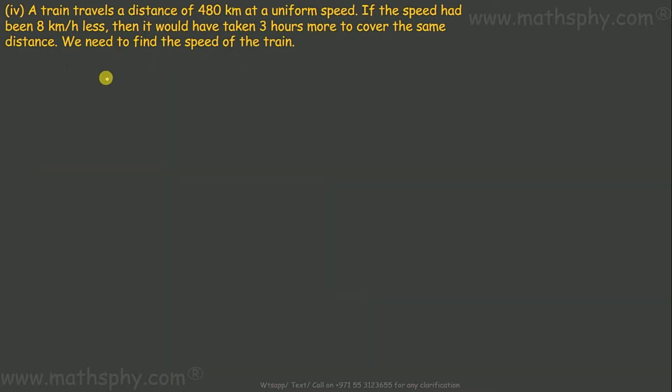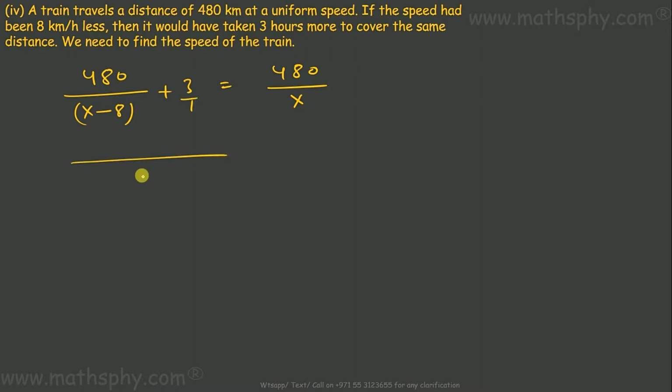Let's solve this. 480 over x minus 8 plus 3 equals 480 over x. So 3 into x minus 8, 3x minus 24 equals 480 over x.